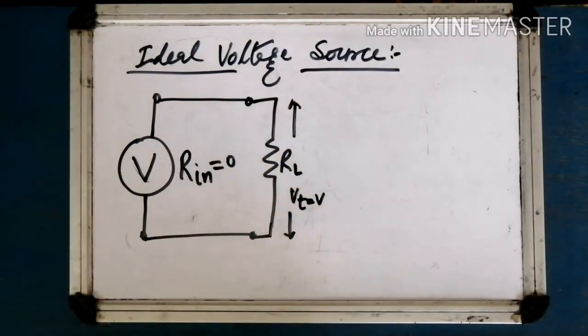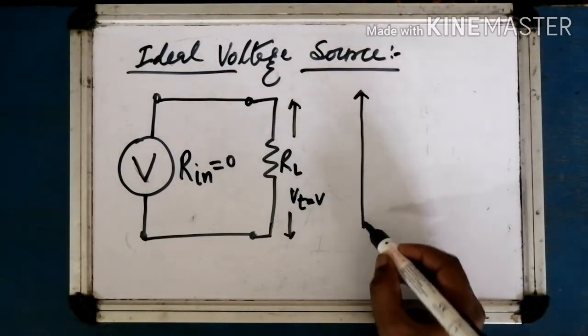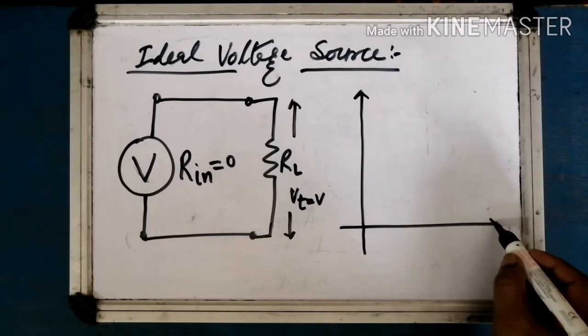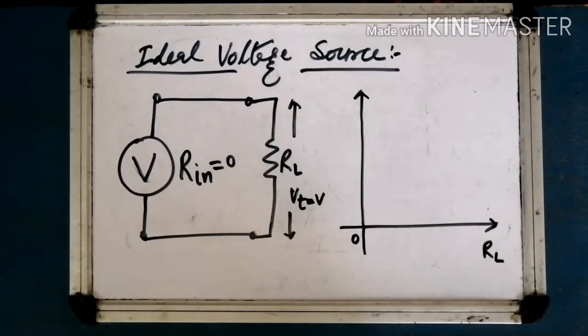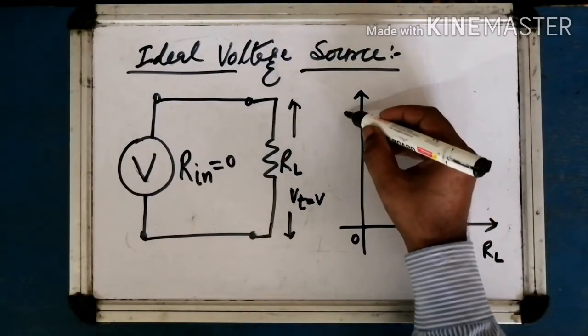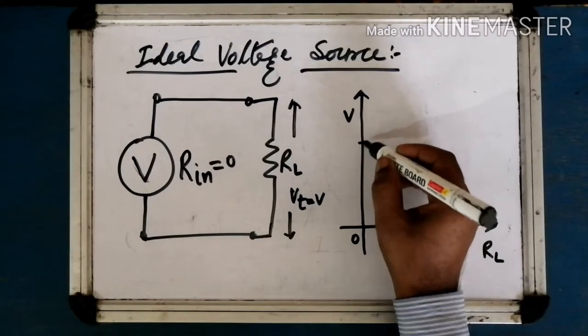Right? Now see the characteristics. This one is the y-axis. This one is the x-axis. On the x-axis there is resistance, and on the y-axis it is voltage. This is the value of terminal voltage.